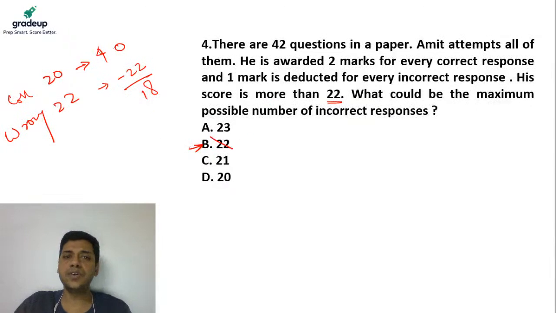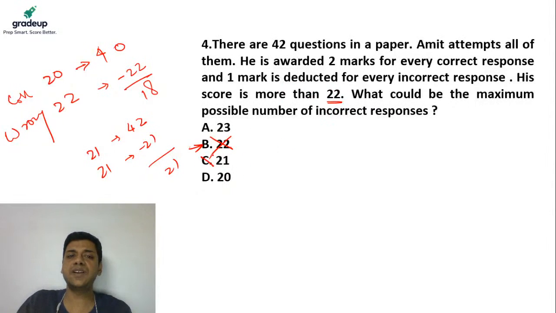No, 22 is not possible. Okay, let's come a step below. 21 correct, 21 wrong. I get 42 positive minus 21, which gives me 21. No, I have to score more than 22. No, 21 is also not possible. Let me check the next.